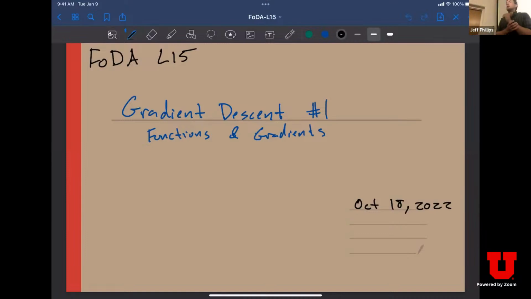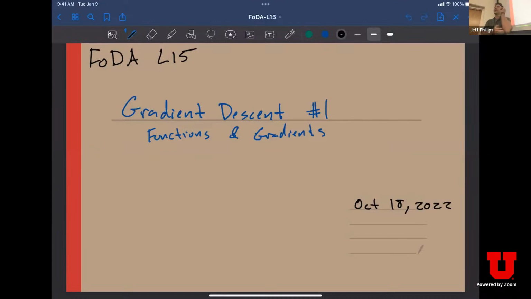Today we're going to start the section on gradient descent. How many people have seen gradient descent before in a previous course? A few people, but not too many. Gradient descent is almost surely the most important algorithm in all of machine learning.